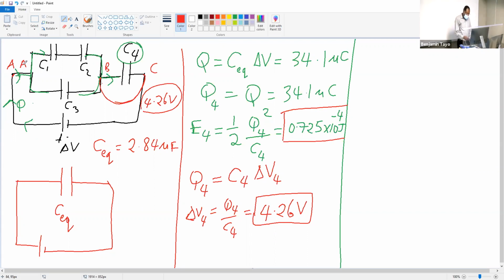So you can calculate, for example, delta V3, let's see. Delta V3 is equal to delta V minus delta V4. This should be equal to 7.74.